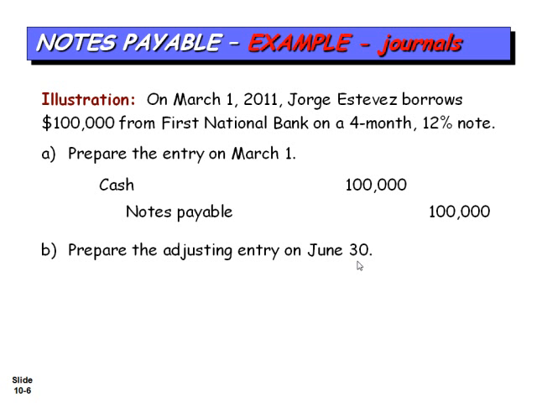Whenever you see interest, it's an annual rate. So it's as if you borrowed it for a year. But we only borrowed it for 4 months, so you have to prorate it. So you'd take the $100,000 times 12%, and then times 4 months out of the 12 months equals $4,000.